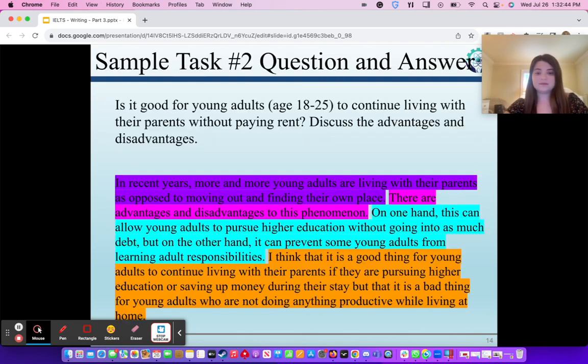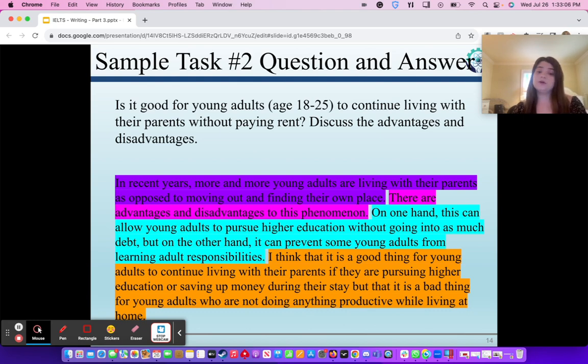We need to state them. So the advantage I decided to state was that young adults can pursue higher education more easily without going into as much debt or any debt in some cases by staying at home and not paying rent. But the disadvantage I stated was that it can prevent some young adults from learning adult responsibilities, right?